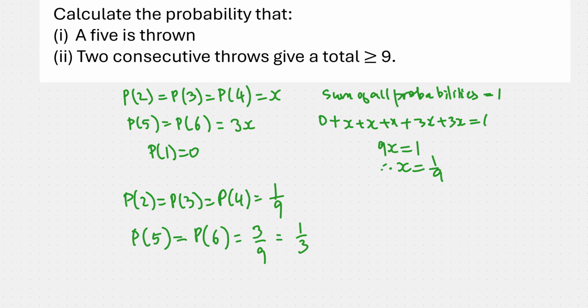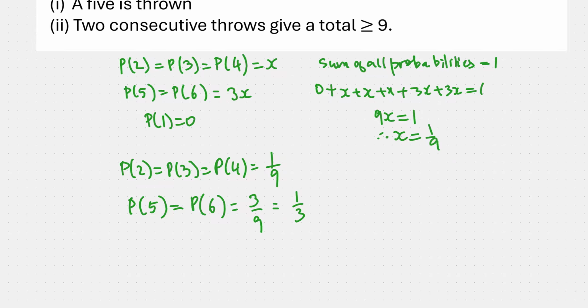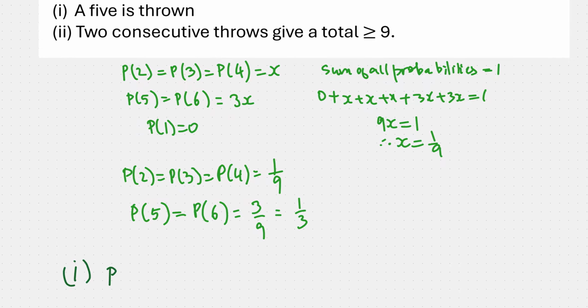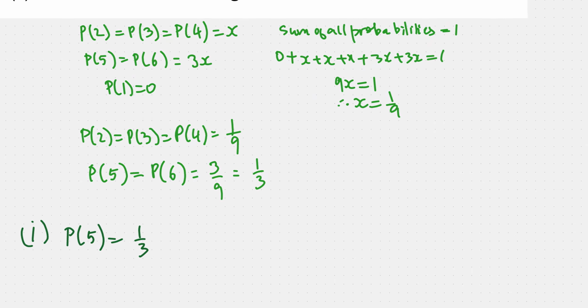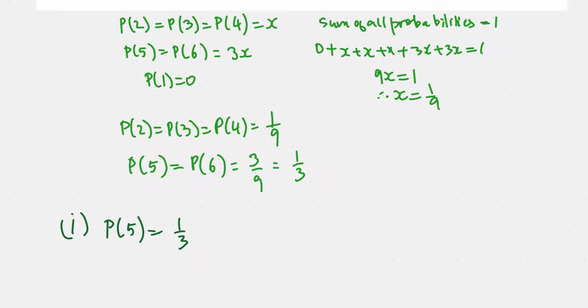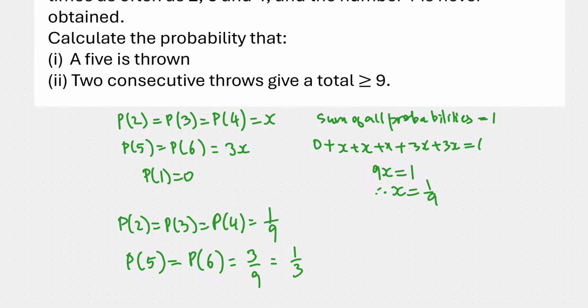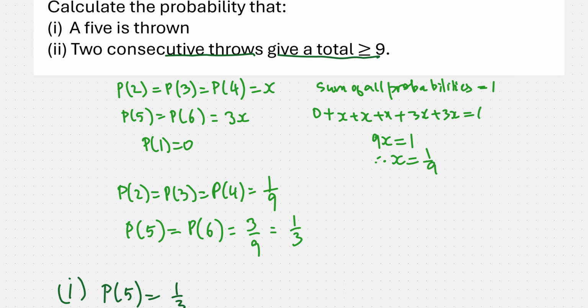Now for part A of this question, it says a 5 is thrown, so the probability of a 5 is equal to 1/3. That's the answer. For the second part, they're saying 2 consecutive throws give a total greater than or equal to 9.